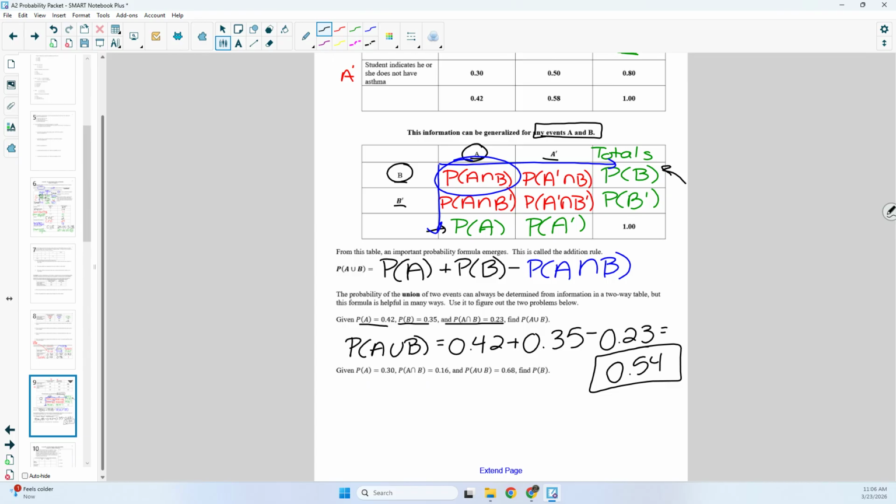The next one uses this formula, but we're going to have to do a little algebra. This time, I'm given the union, so I put that over here. I know P of A, so I put that in.